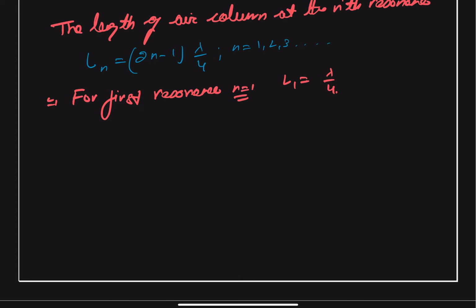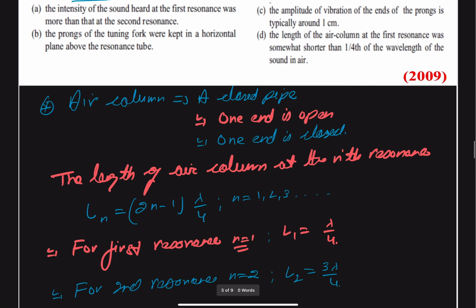And for the second resonance, the value of n is equal to 2, and we can write that L2 will be equal to 3 lambda by 4. So let us check each of the options one by one.